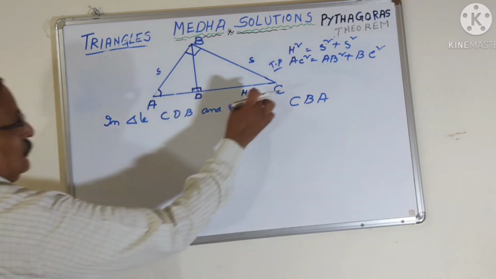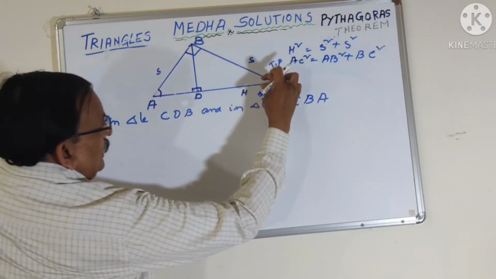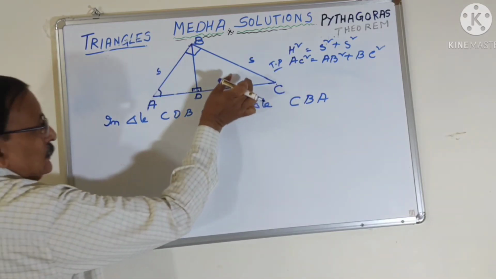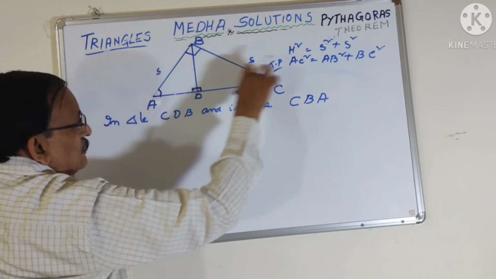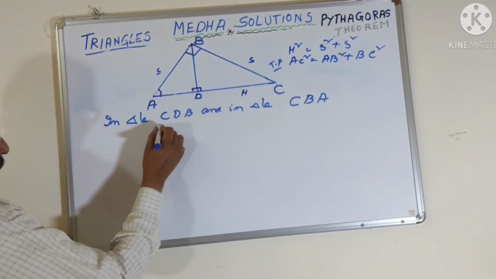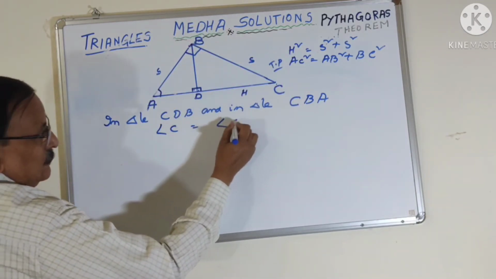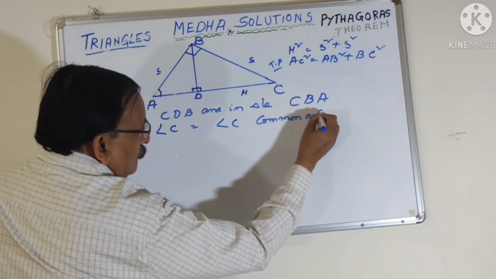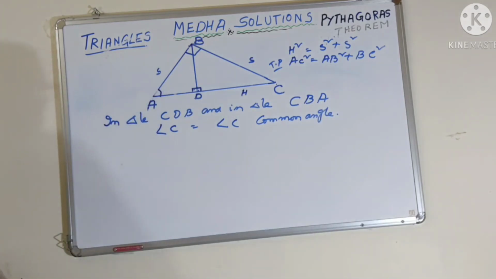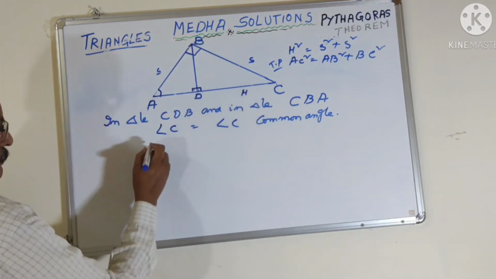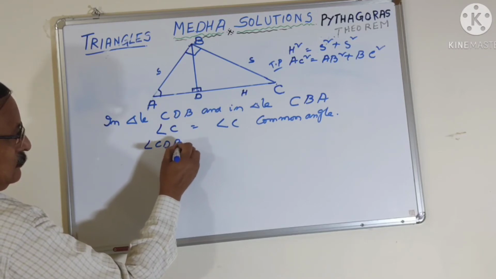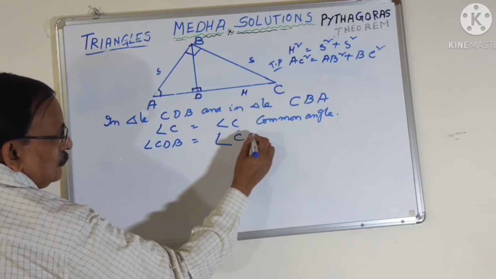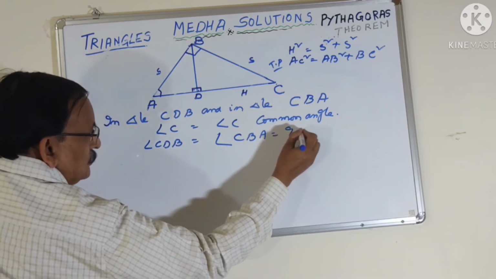Now see, in triangle CDB, this angle C is common to this triangle and the big triangle also. So angle C is equal to angle C, common angle, and then angle CDB is equal to angle CBA is equal to 90 degrees.